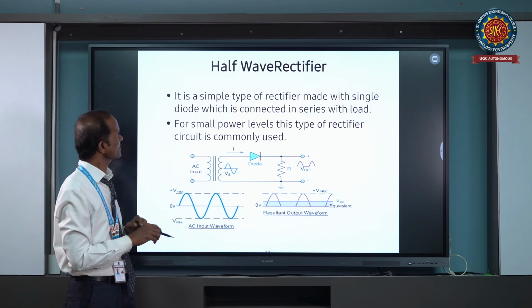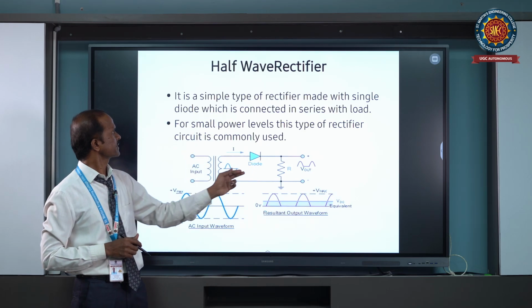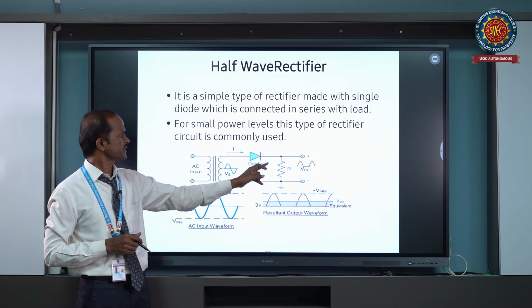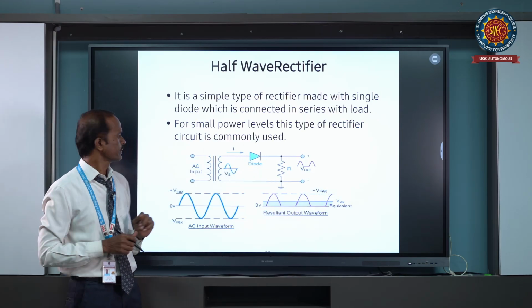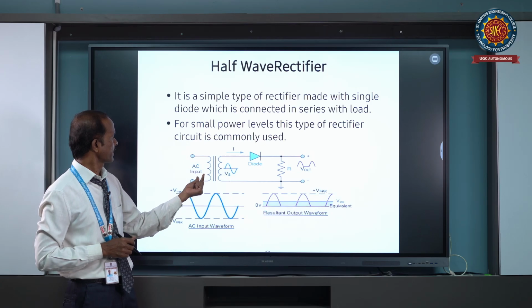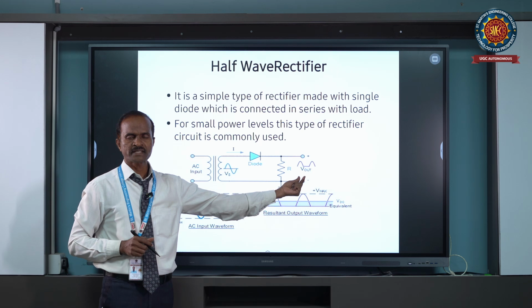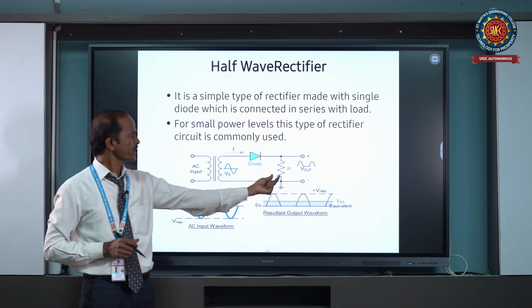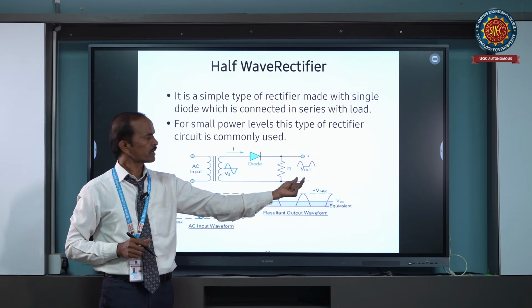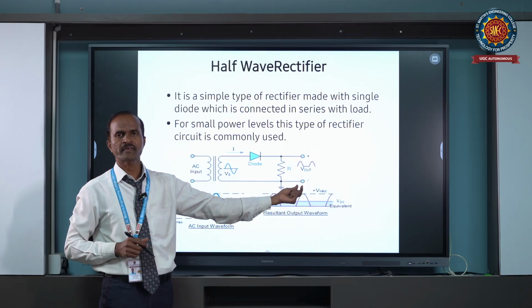Now we are going to explain the operation of a rectifier with the help of a block diagram. It is a simple rectifier circuit with a single diode connected with a series resistor. AC input is applied here, and we take the output as a pulsating DC. Our aim is conversion to DC, but the output of a rectifier is not a perfect DC.